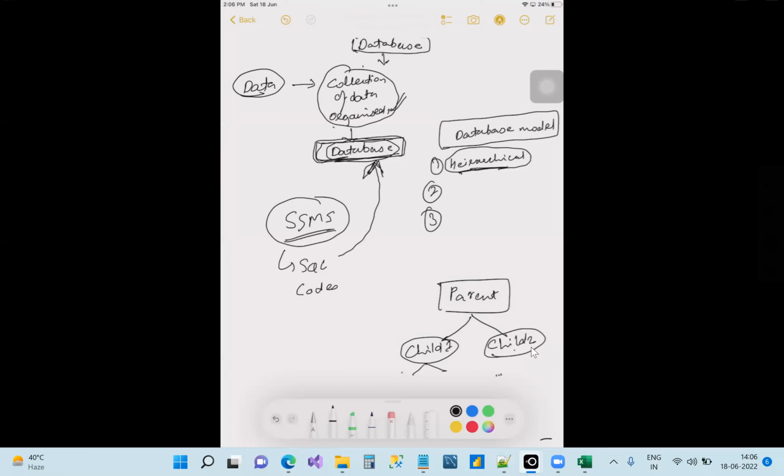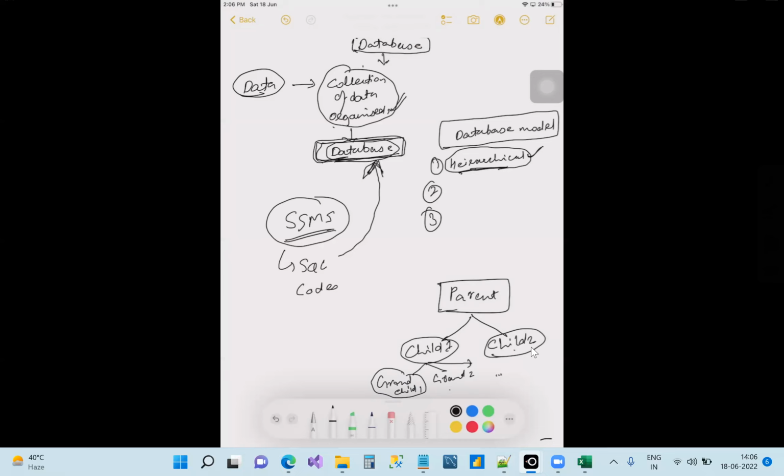Then we have grandchildren, grandchild 1, grandchild 2. So this is hierarchy, isn't it? When you store your data in this format, that is called the hierarchical database model.